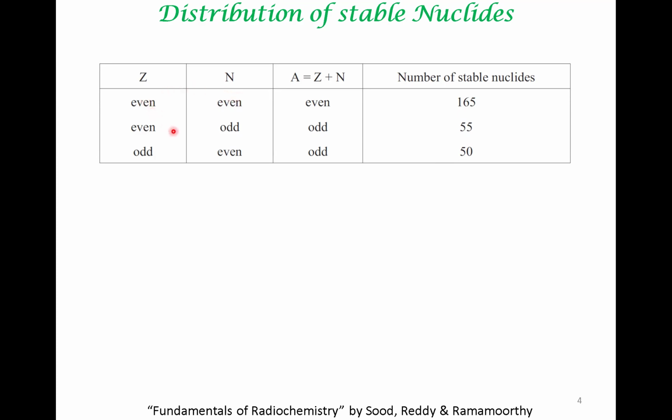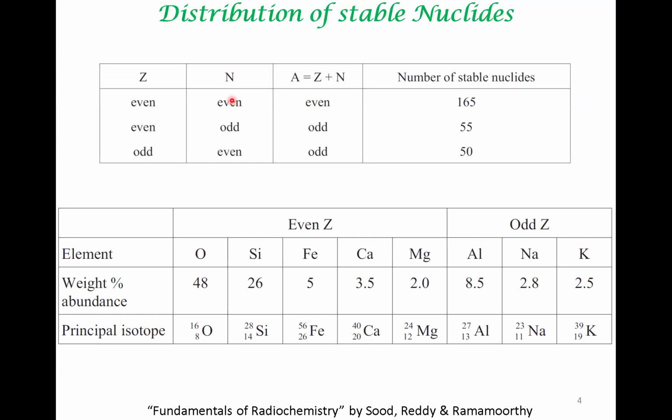Fewer of them have an even number of protons and an odd number of neutrons, this is 55, this 165, and even fewer have an odd number of protons and an even number of neutrons. The important observation is that the most stable configuration is even Z and even N.